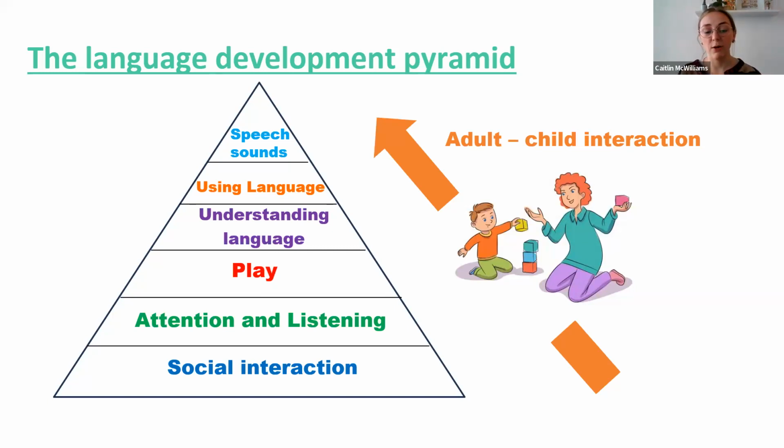And the arrow on the side lets us know that we need to be using interaction strategies. You've all identified that interaction is one of those key parts of communication. So we're using that to develop our language as we move up through the language pyramid.